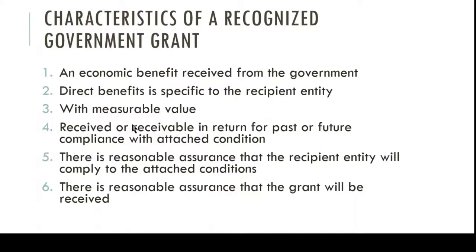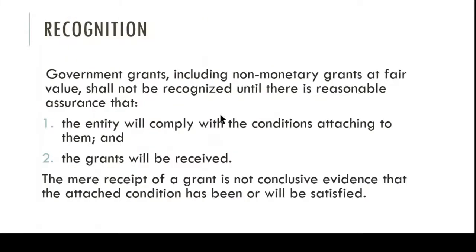It should have been received, or it will be receivable in return for past or future compliance with attached conditions. There's also reasonable assurance that the recipient entity will comply with the attached conditions, because there are grants wherein it is necessary for the entity to act before they can fully recognize it as income. And there is a reasonable assurance that the grant will be received.